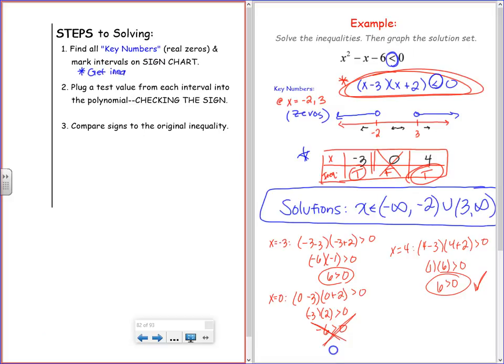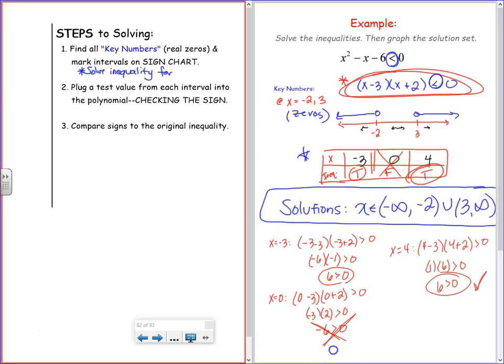Get the inequality. Solve the inequality. Let's do solve the inequality for 0.